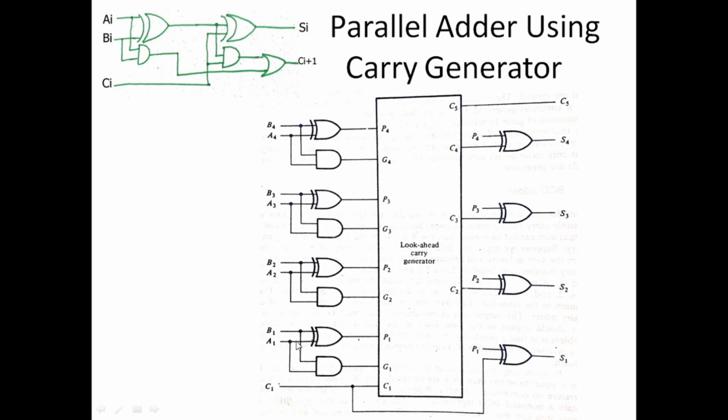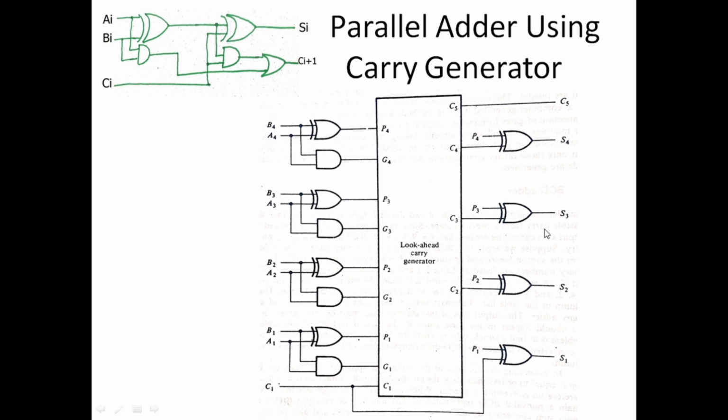So the first two bits are provided here, the outputs are given as input to the look-ahead carry generator as well as to this exclusive OR gate, and it will create S1. Similarly for S2, the two bits are given as input to this exclusive OR gate and AND gate, which create P2 and G2, given as input to the look-ahead carry generator, and this P2 is connected to this P2, and C2 is taken from the output of this look-ahead carry generator.